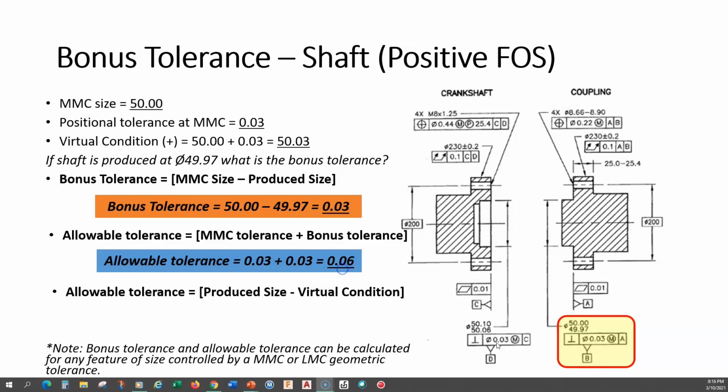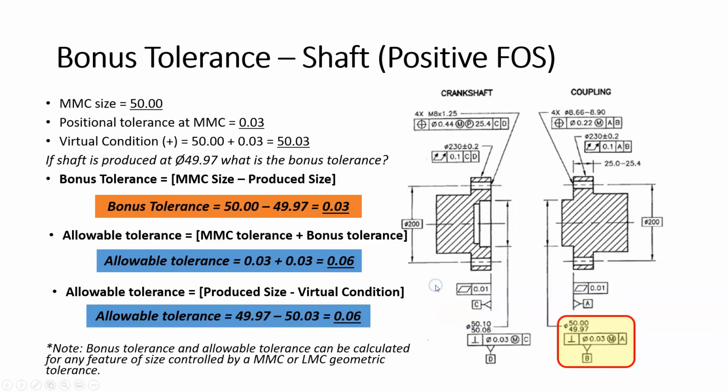To calculate the allowable tolerance another way, it's the produced size, 49.97, minus the virtual condition, 50.03, which gives us an allowable tolerance of 60 thou, same as the other one.